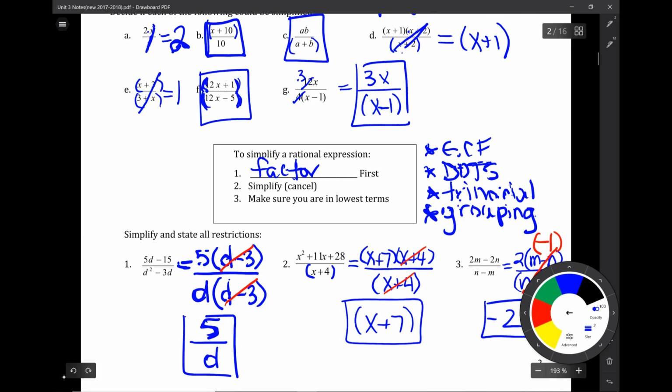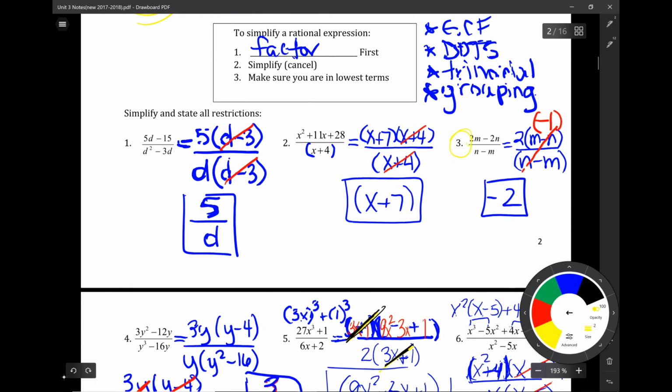In example E that's on the screen over here, we had x plus 3, 3 plus x, and we canceled them out and just made it a positive 1. But over on example 3 over here, we had an m minus n and an n minus m. If there is subtraction involved and they are flip-flopped of each other, that cancels to a negative 1.